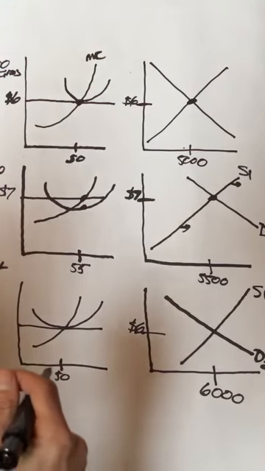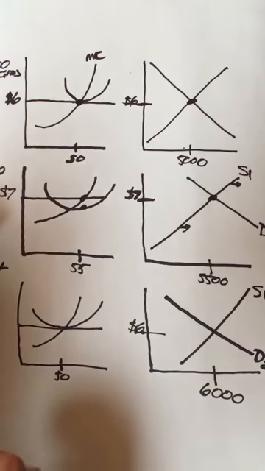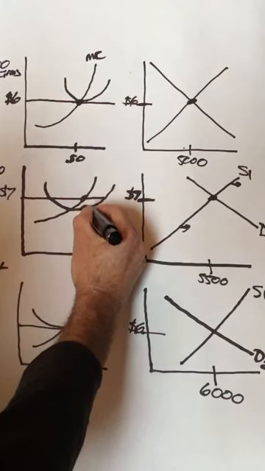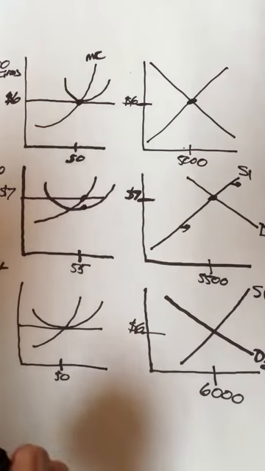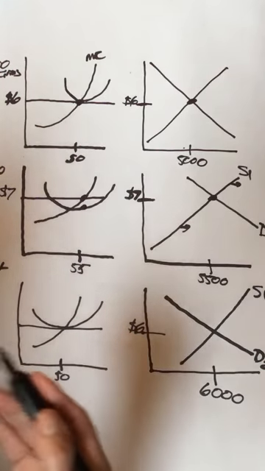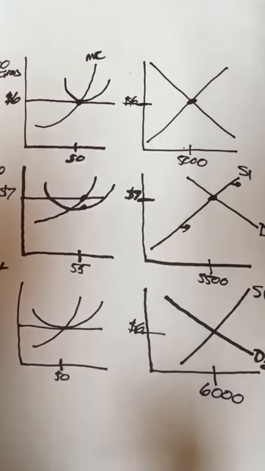Prices will go up. At the higher price of $7, now each individual firm is going to want to bring more loaves of bread into the marketplace. And they're going to be earning an economic profit for those loaves of bread. As they've earned that profit, that's going to attract entry into the marketplace.